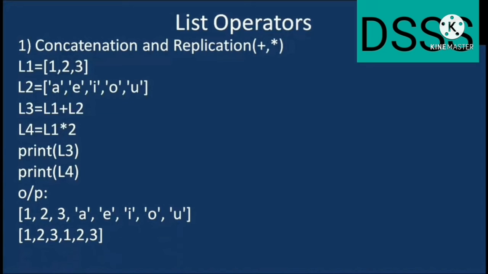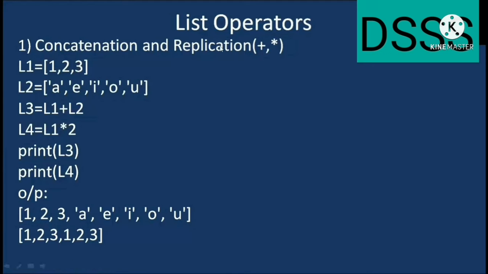So how do we see my output here? L3 is nothing but the concatenation of L1 and L2, and L4 is nothing but replication of L1 2 times. Okay, this is similar to strings.